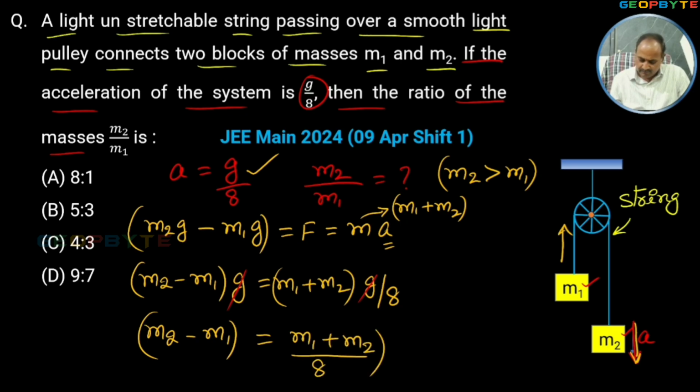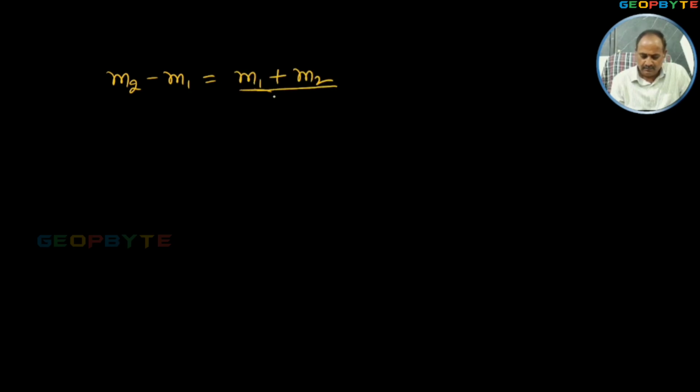divided by 8. Let's take another slide. m2 minus m1 is equal to m1 plus m2 by 8.